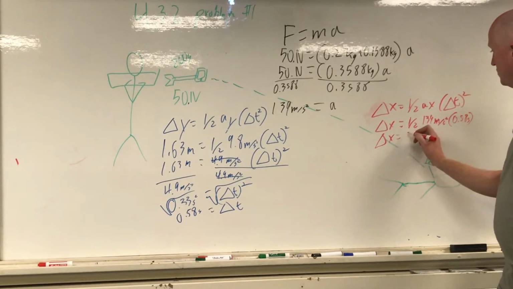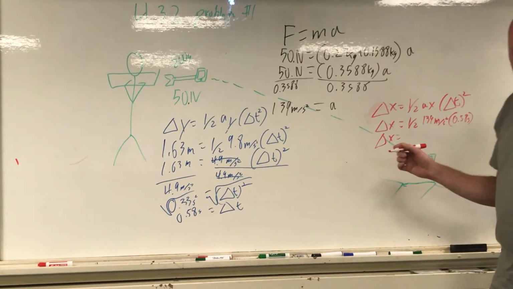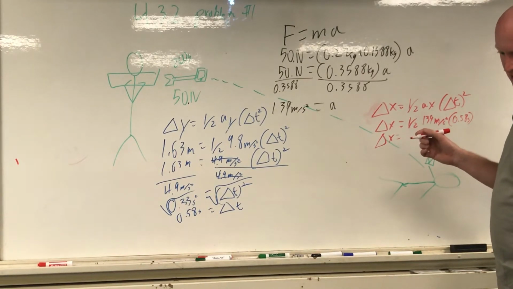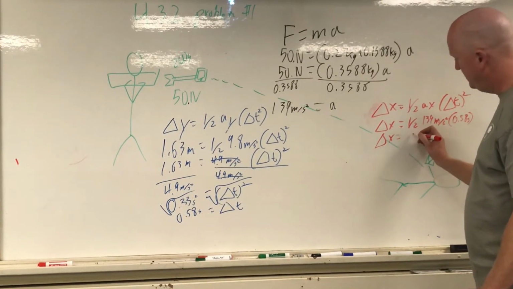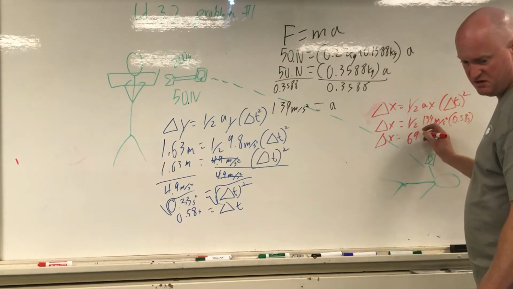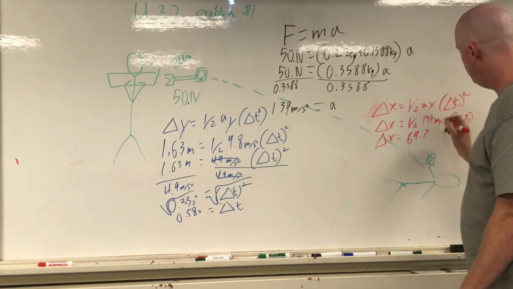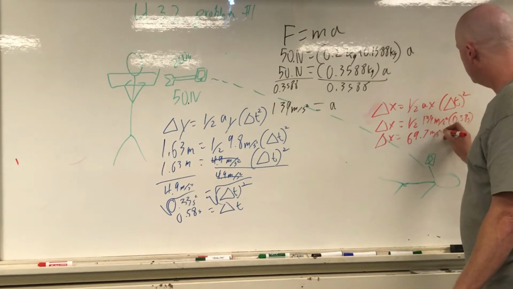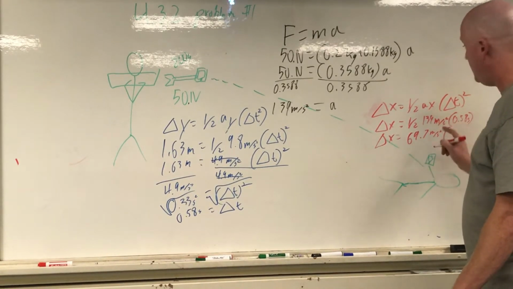So, how far is it going to go in a little over half a second? Delta x is equal to 1/2 of 139. I don't know, but I wrote it down, didn't I? Roughly 69.7, well, from my calculations, meters per second squared. Square this. Hey, you know what?